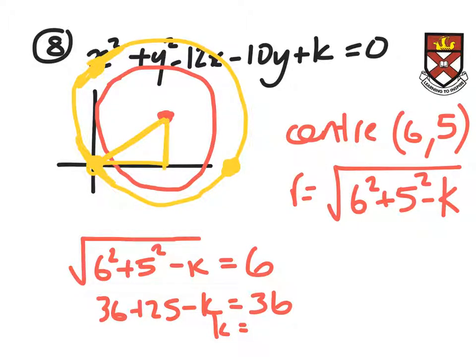Well, we know that it's 6 along, 5 up to get to the centre. So a wee bit of Pythagoras will tell you that radius. So the other answer is when 6 squared add 5 squared minus k is equal to whatever this answer is that you've just worked out. So whatever the answer is here, put it into this formula and then do the same thing as you did here. As I said, it's quite a tricky question because you need to picture it.